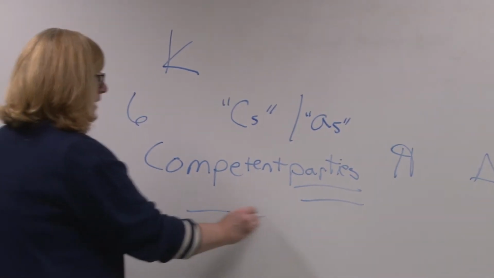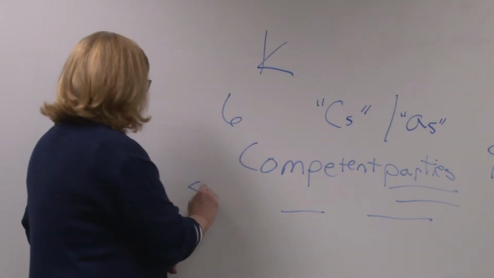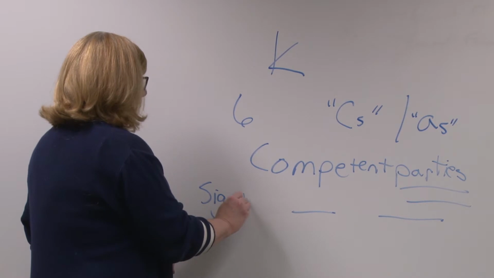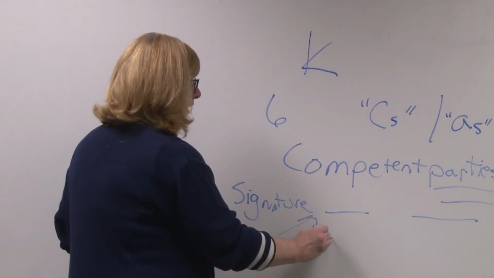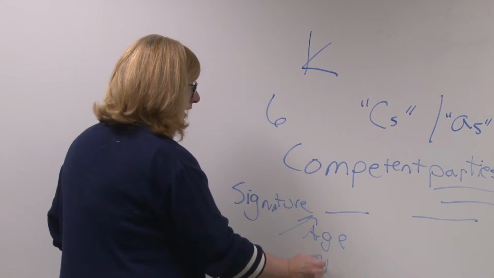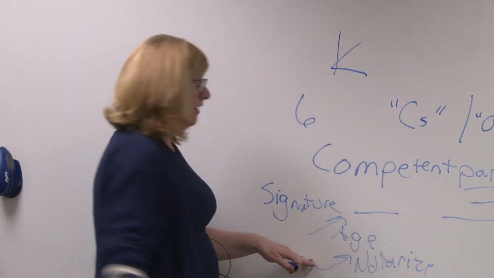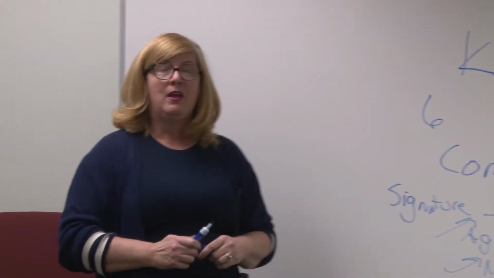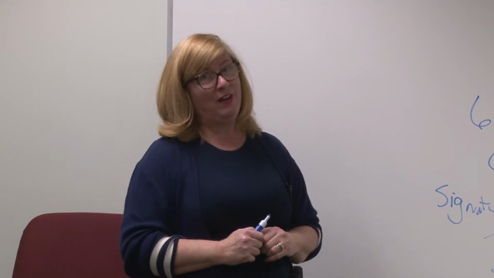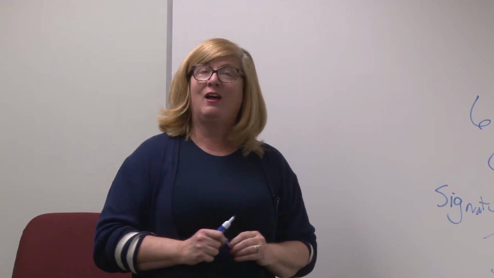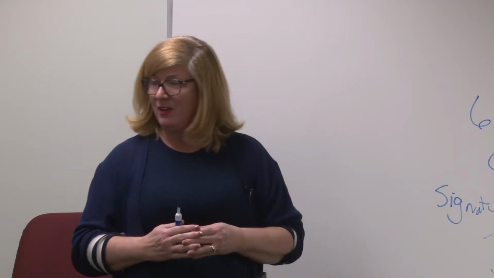But you'll have name 1 and name 2 in a contract, and we'll have signature lines with their names. Sometimes, if it's important, in order to signify their competency, we'll also ask for their age. Oftentimes, we'll ask for someone to notarize and validate that the person standing in front of them is a competent party. If you become a notary while you're taking MCC 241, I provide extra credit for doing that. And of course, the assignment is to find the steps necessary to become a notary.